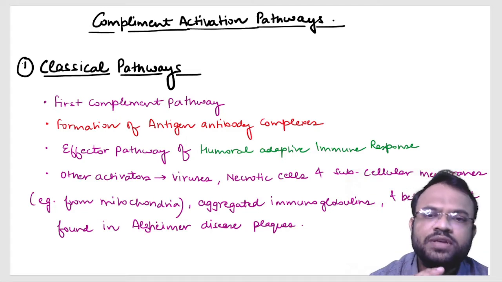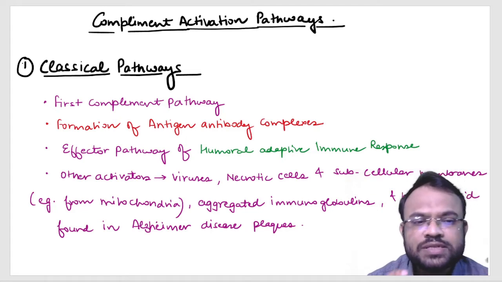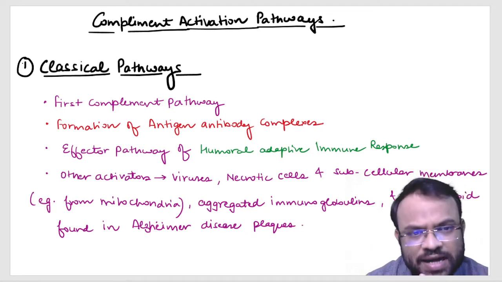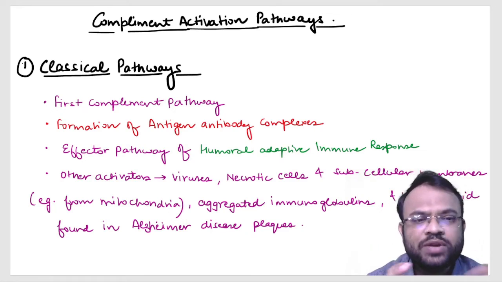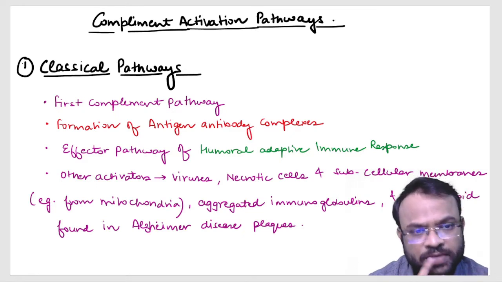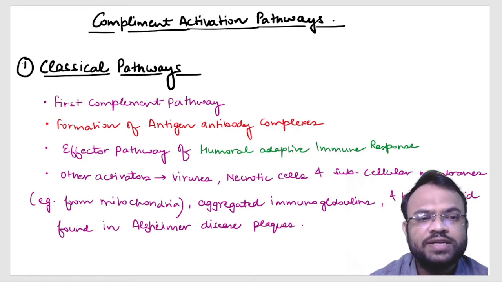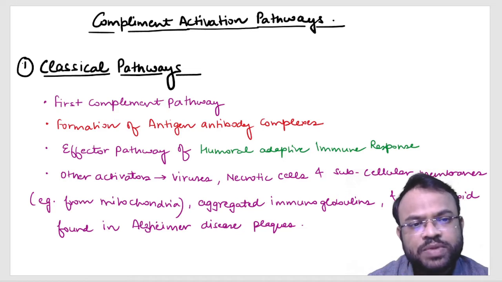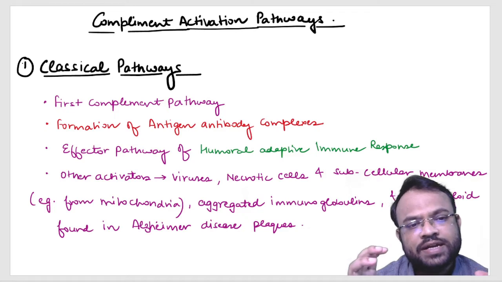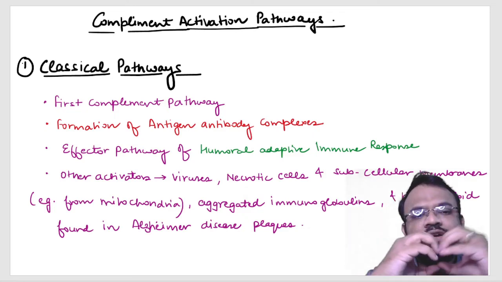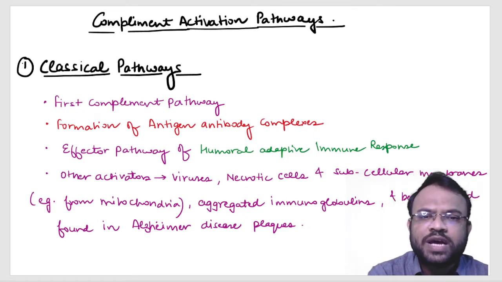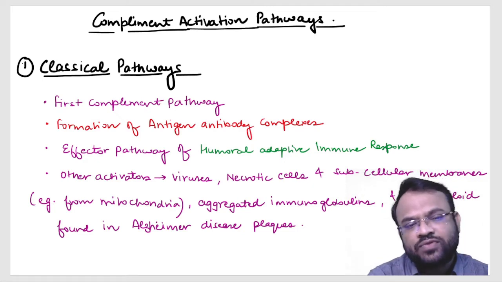The next important thing is how this classical pathway starts. You all would know about antigen antibody interactions. I have made multiple videos on them, so you would have a clear-cut idea. When antigen and antibody interact with each other, complexes are formed, right?